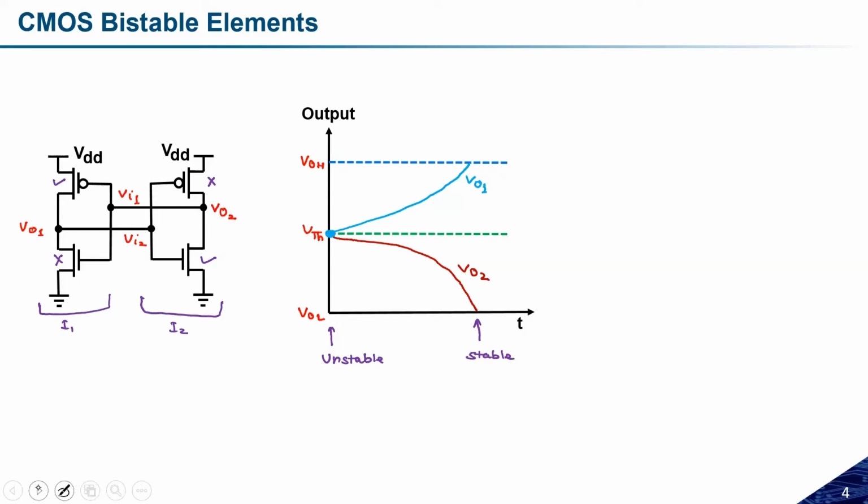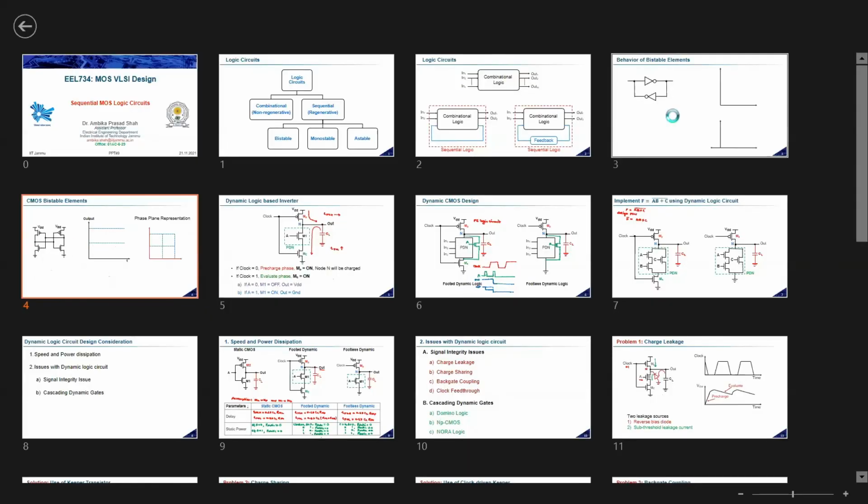Hello, sir. Yes, please. Sir, at first both inverters were in the saturation state, so the output was VTH. From that point, how is the output VO1 increasing? See the previous circuit, the previous diagram, and then you will be able to understand.